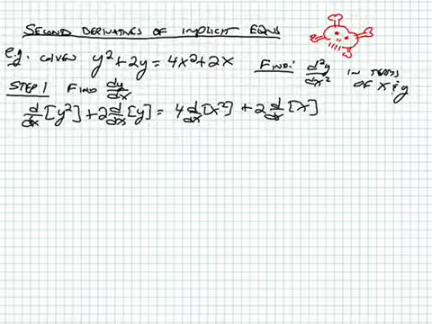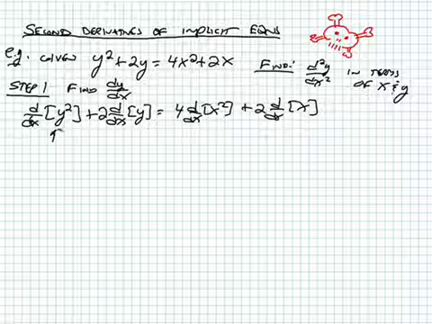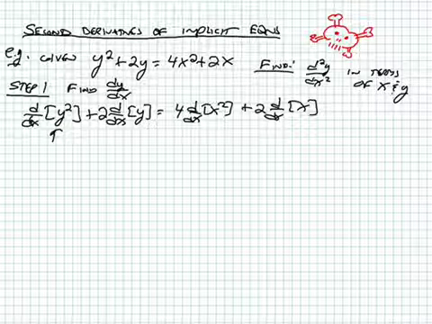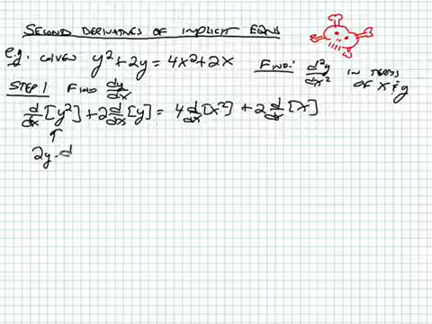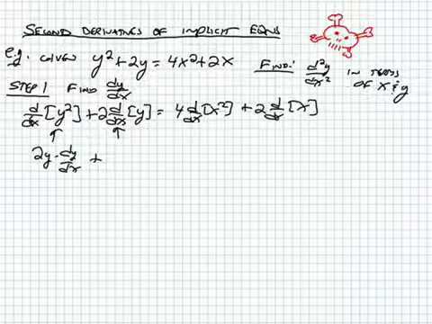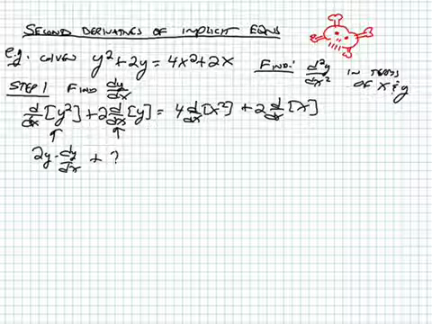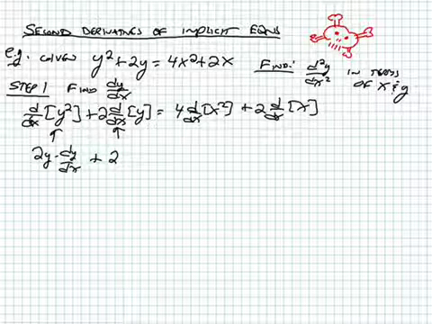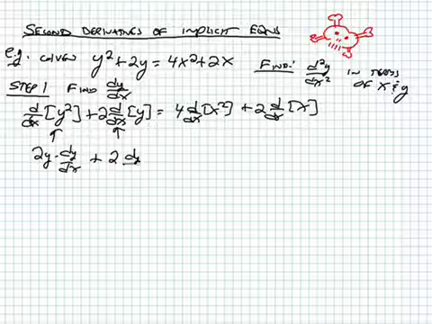Alright, so let's march through this. The derivative of y squared with respect to x is 2y times the chain dy dx, plus the derivative of y with respect to x is just 1 times the chain dy dx, but there's that 2 out front, so it's plus 2 times dy dx.